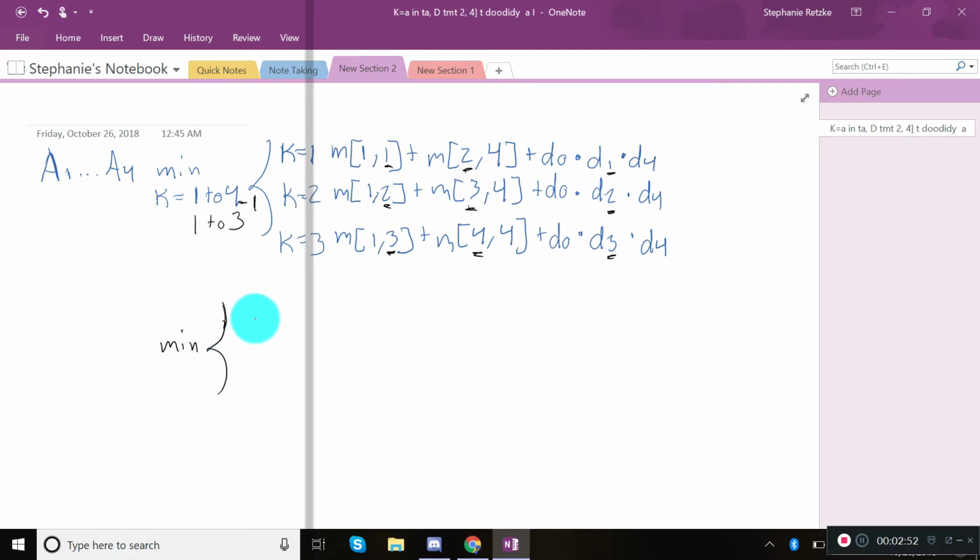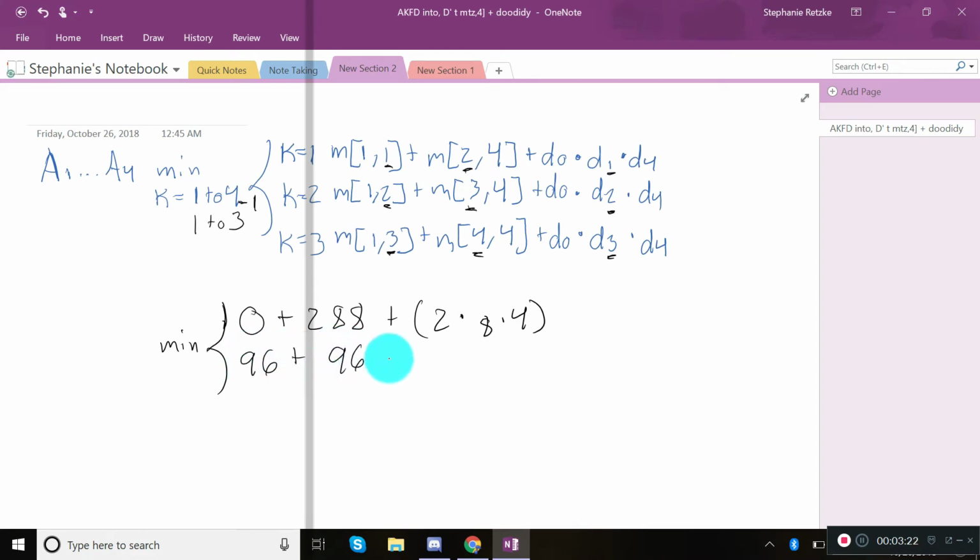I don't want to write it all out, but I am going to. So this is a 0 because if you remember, 1-1 is just going to be our A1. So it is automatically a 0. This is 288 plus our dimensions 2 times 8 times 4. I'm writing really big. This is 96 plus 96 plus 2 times 6 times 4.